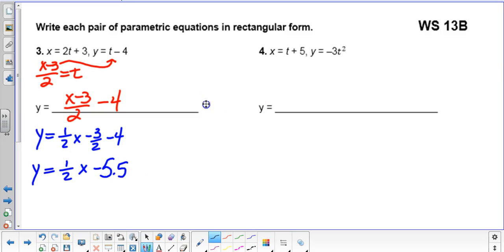No, we don't want to square it. We don't want a parabola. We just want to leave it alone. Okay? This one is a line. On the other one, I just want to show you this. This one might have almost been easier to do the other way. Everybody watching? Could I make this say y plus 4 equals t? And then I could have put it in over here, so it said x equals 2 times (y plus 4) plus 3.